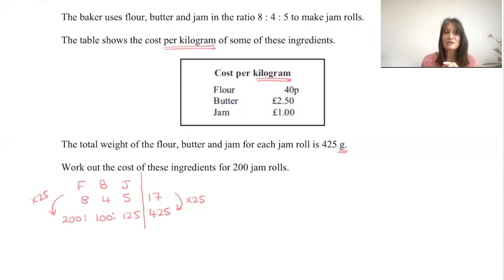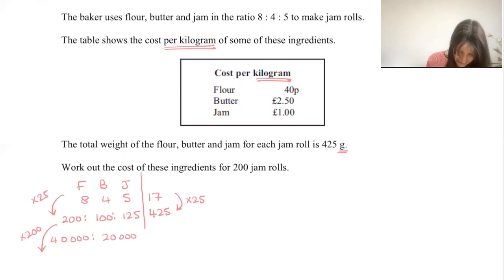We've got to work out the cost for 200 jam rolls. So the next thing to do is to take all of those and times them by 200. So I've now got 40,000, 20,000, and 25,000.